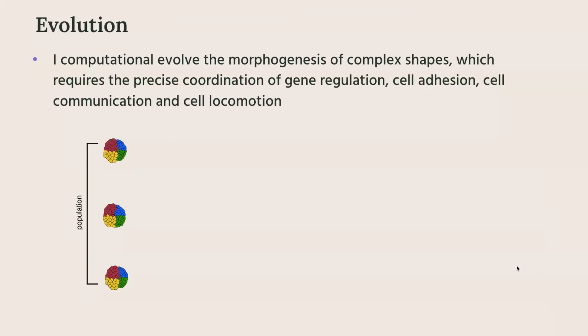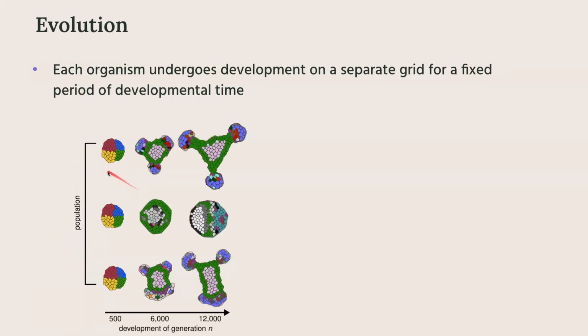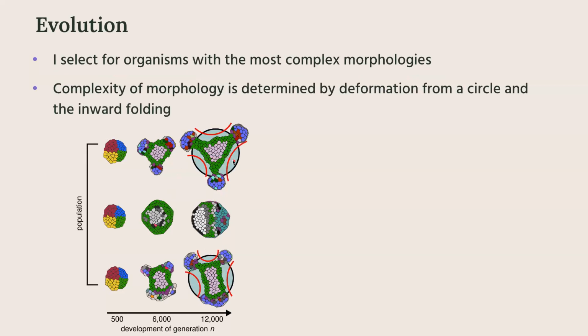So what I do is I computationally evolve the morphogenesis of complex shapes, which is going to necessarily require the precise coordination of all these parts of the model. So how that works is I have a population of organisms, and each organism will undergo development on a separate grid for a fixed period of developmental time. And once they finish development, I'll select for organisms with the most complex morphology.